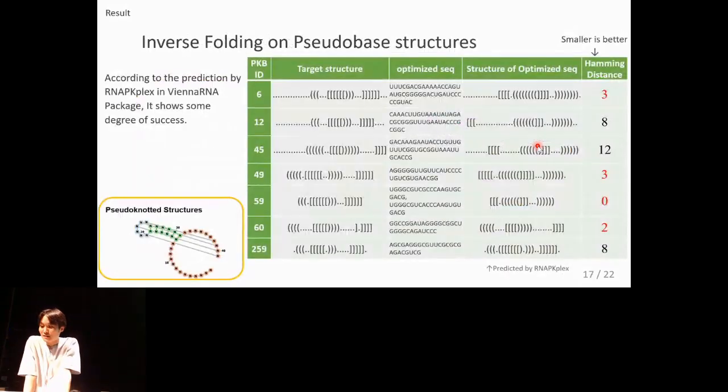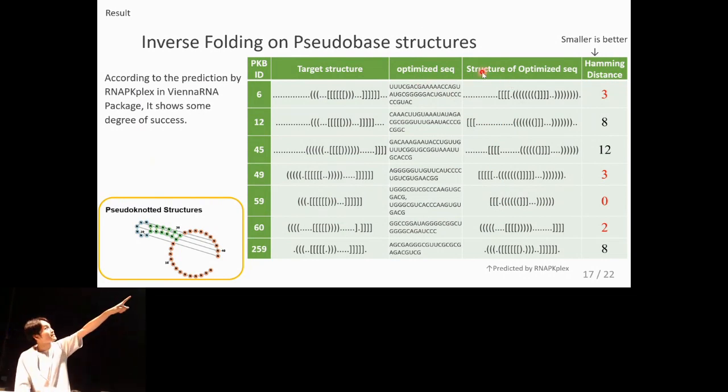Okay, let's discuss the results of inverse folding on pseudo-knotted structures. We extracted 7 structures from PseudoBase, and this target structure column shows the target structures extracted from the database. This is the natural structure. This optimized sequence column indicates the sequence optimized through our model.